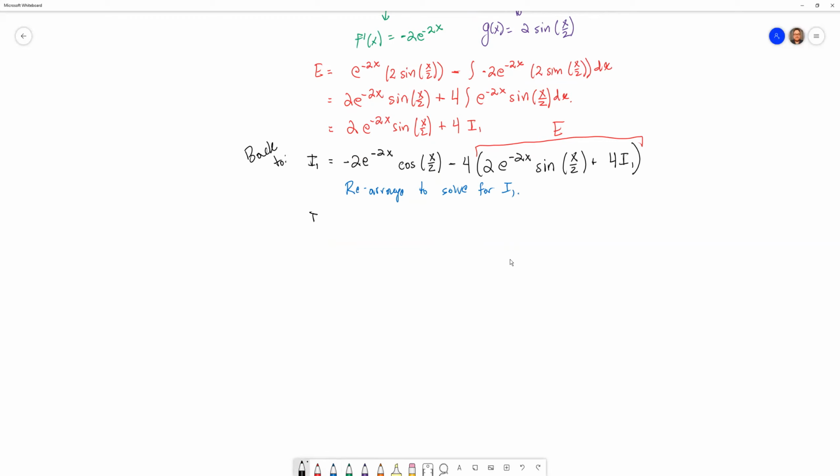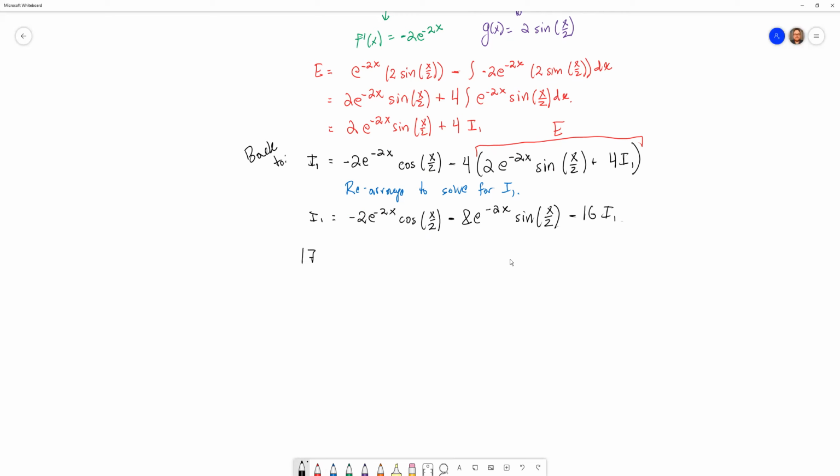Okay, so we have I1 is equal to minus 2 e to the minus 2x cos x by 2 minus 8 e to the minus 2x sine x by 2 minus 16 I1. Okay, so we have no more integrals in here. Obviously, I1 here is still an integral, but we can put these together.